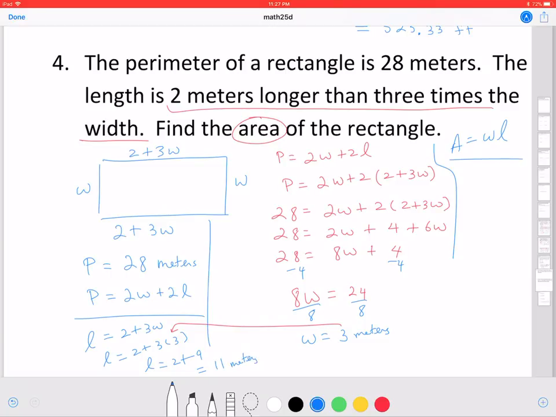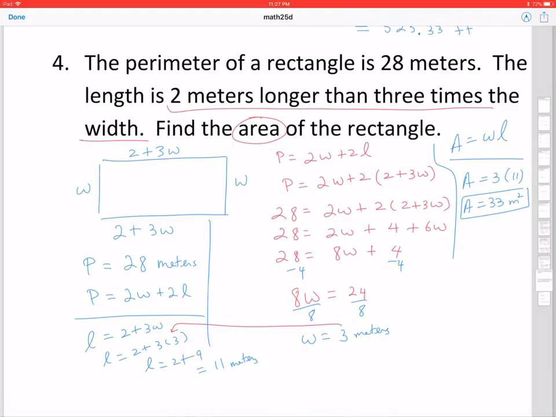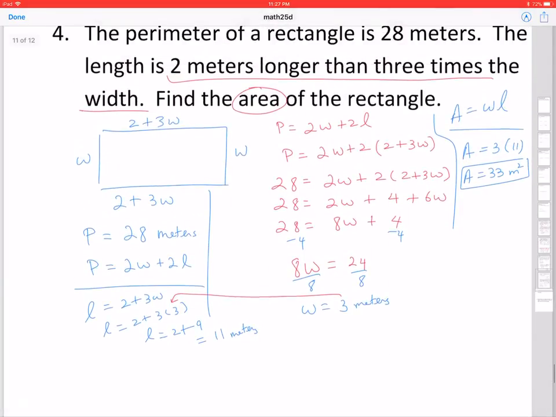Okay, so let's finally answer this question. Area is width, which is 3 meters, times the length, which is 11 meters, so area is 33 square meters. All right, so that is the end of that problem, and that is the end of this video.